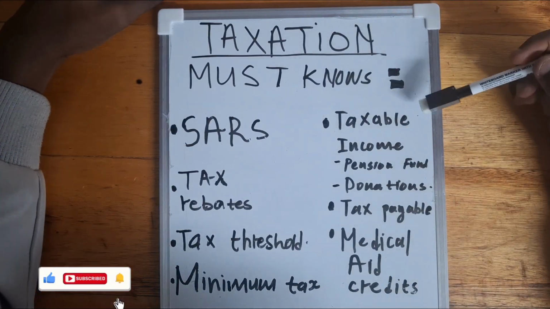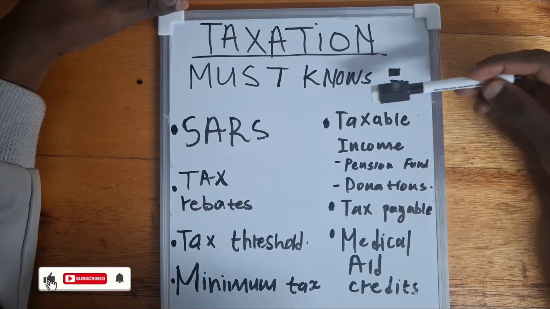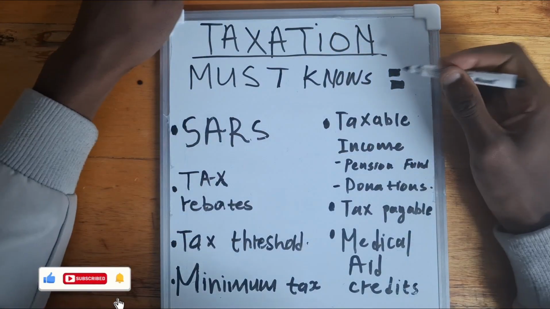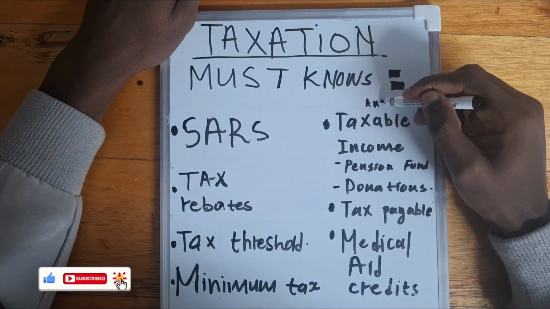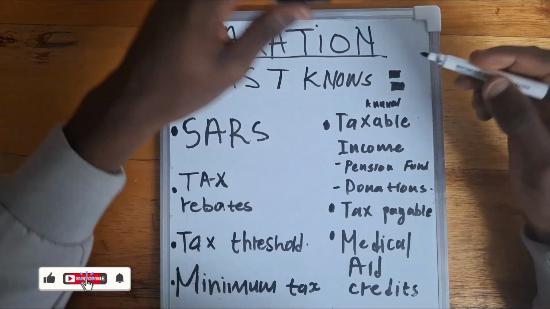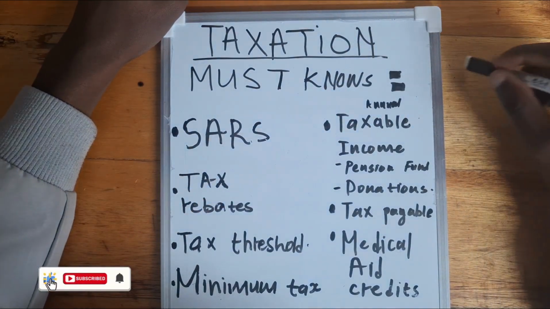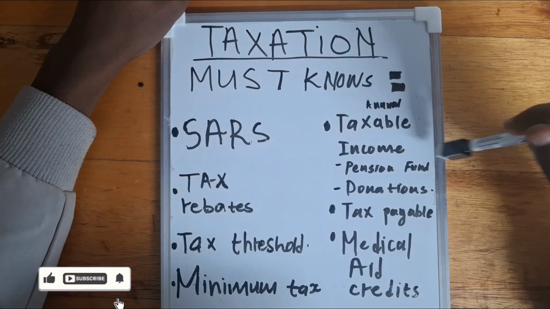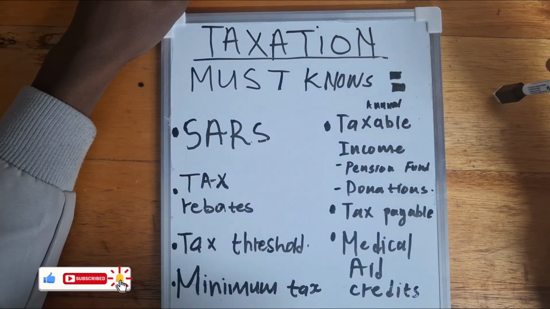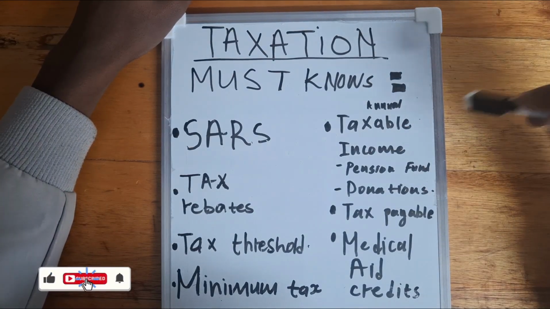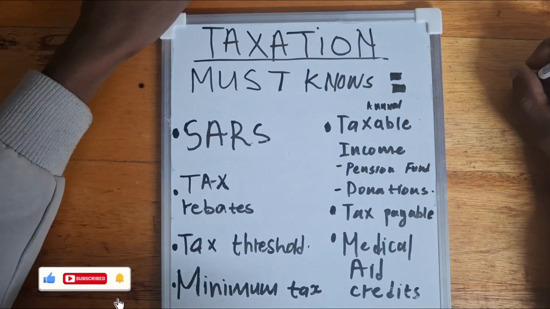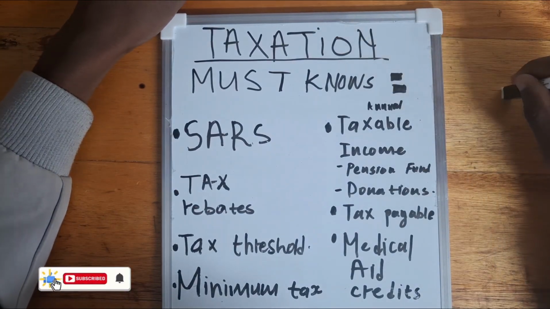So you must also be able to calculate the annual taxable income. And in order to calculate the annual taxable income, you must reduce pension fund as well as the donations in the taxable income, and then multiply it with 12 months in order to get the annual taxable income.